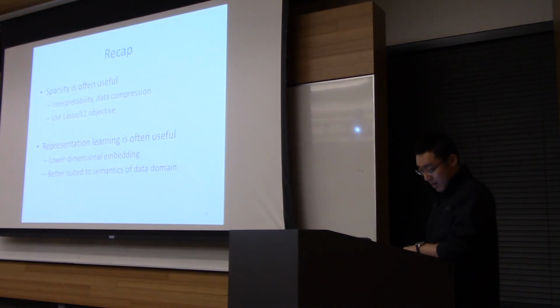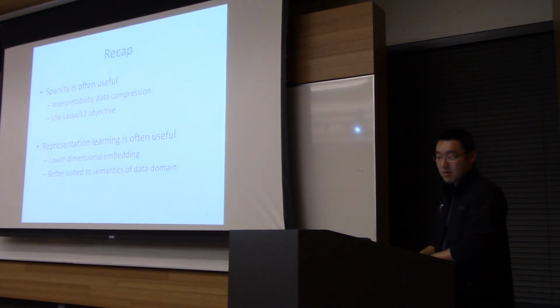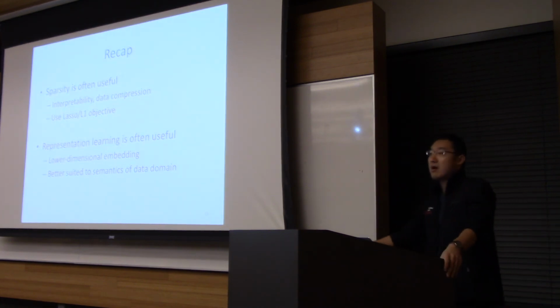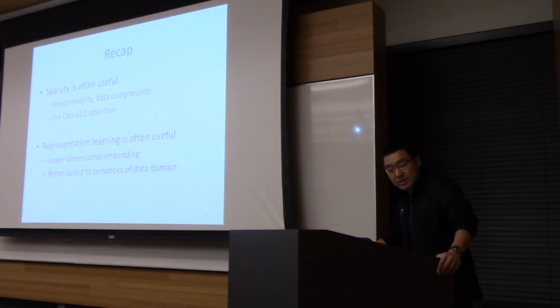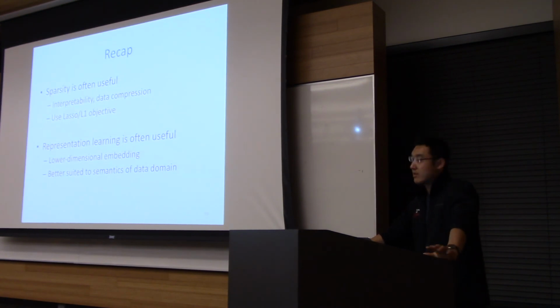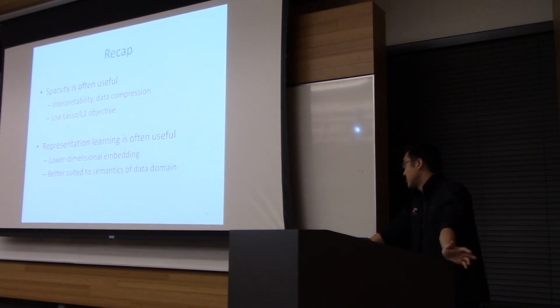Okay, so just to recap, we looked at two concepts today. First, we started thinking about how sparsity is useful in practice. It gives us interpretability along a certain dimension, and we learned it using typically an L1 objective, or Lasso, extensions of Lasso. And then we spent a long time looking at how representations can be useful.